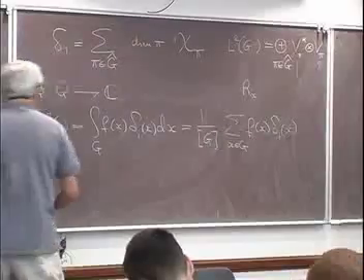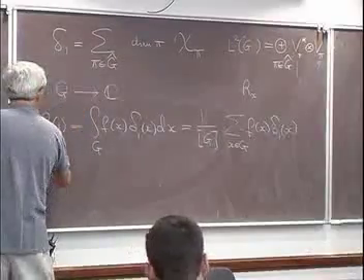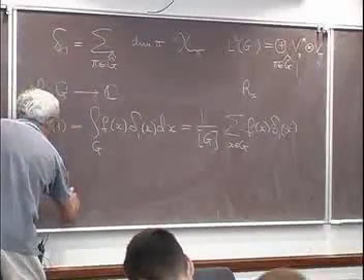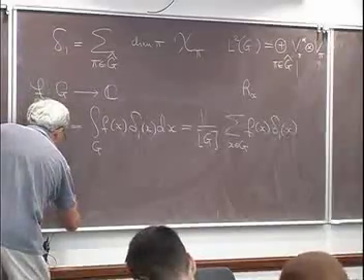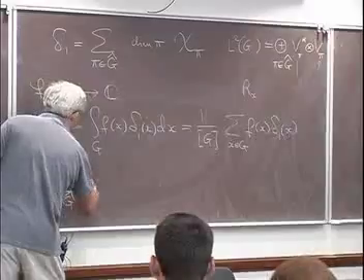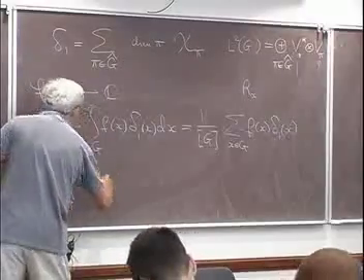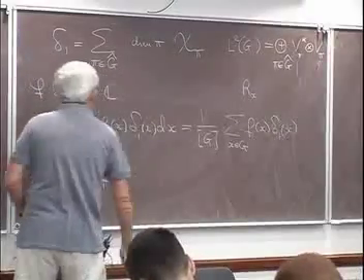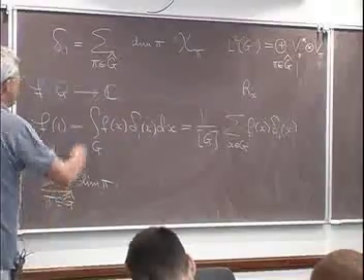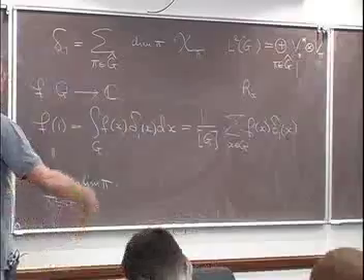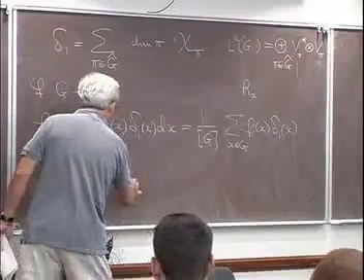And then, of course, the other side is simple. This is the sum over pi in G hat, and I have the dimension of pi, and then the integral of the character times f.